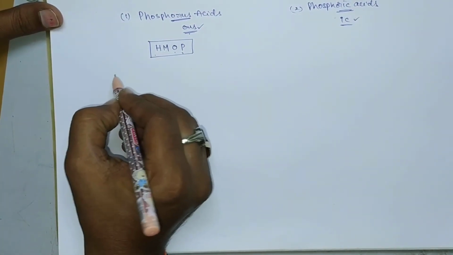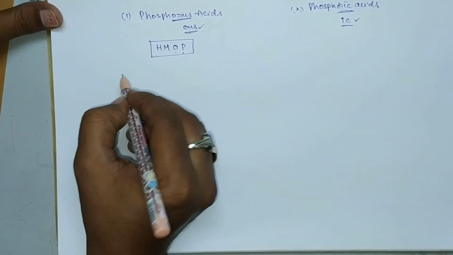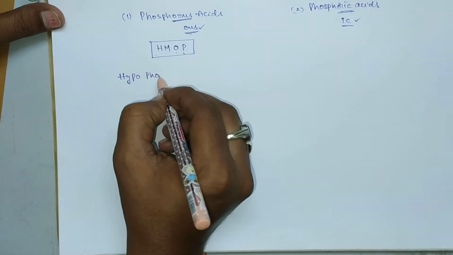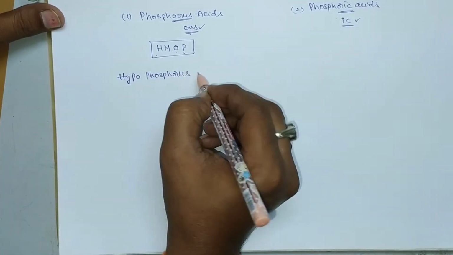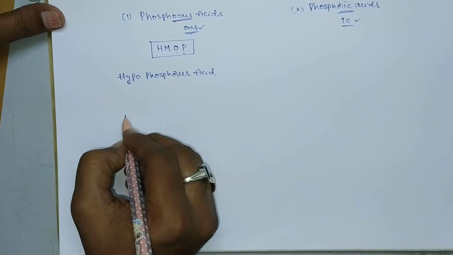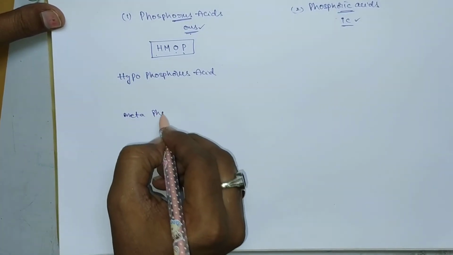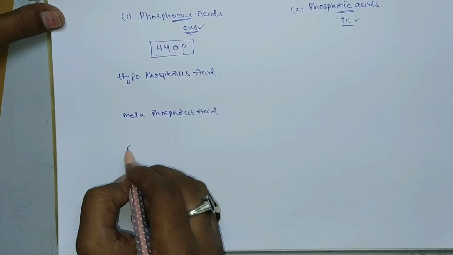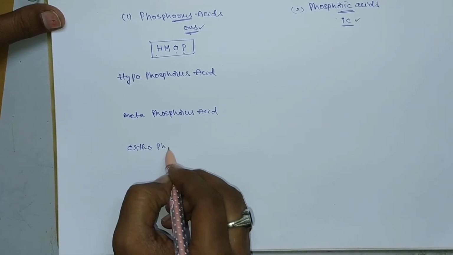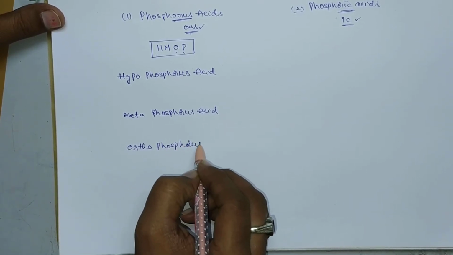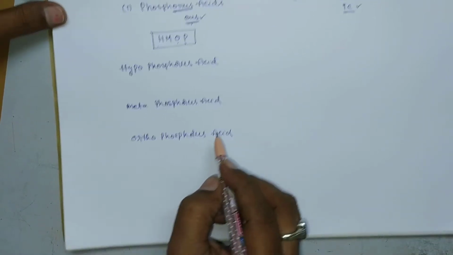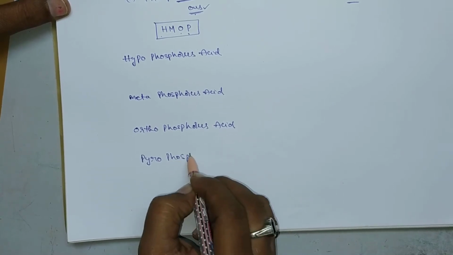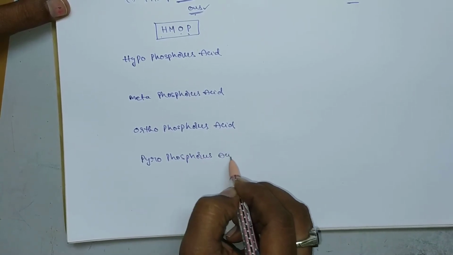In the phosphorus acid series, the first one is hypophosphorus acid, the second is metaphosphorus acid, then orthophosphorus acid, and the next one is pyrophosphorus acid.